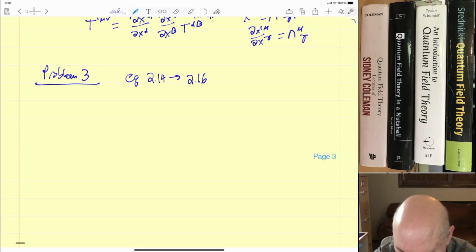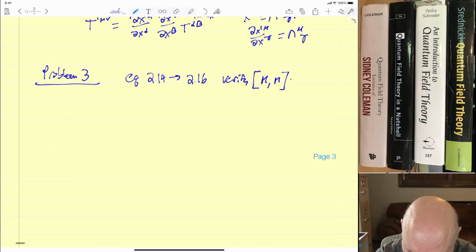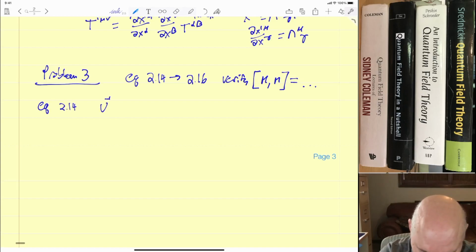Basically this is to verify the commutation relations. I'm just going to sketch them; it's in the book. We want to show where this comes from. Equation 2.14 is what we just derived.